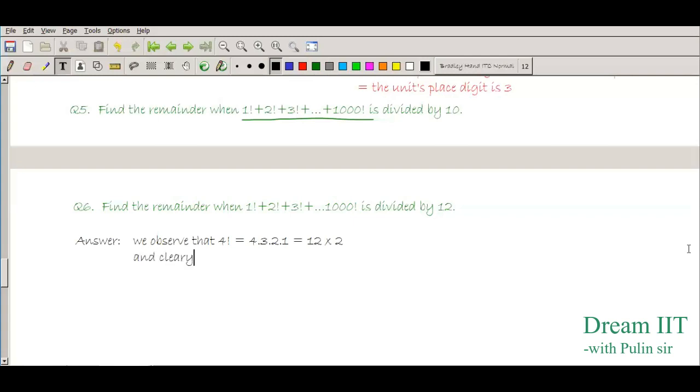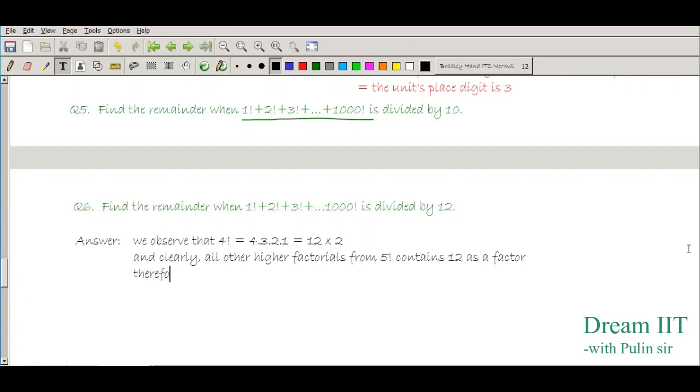And clearly, all other higher factorials, higher in the sense I am talking about 5 factorial, 6 factorial, etc. Higher factorials from factorial 5 contain 12 as a factor. 12 is a factor.